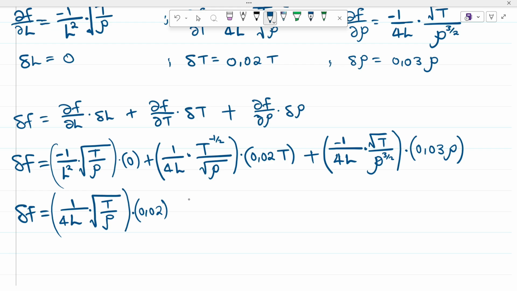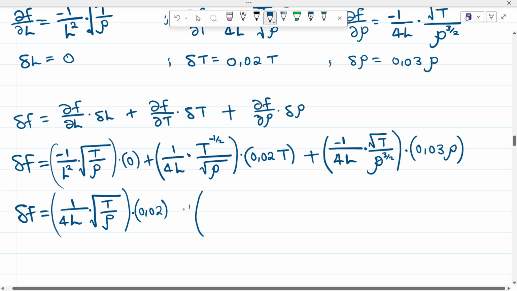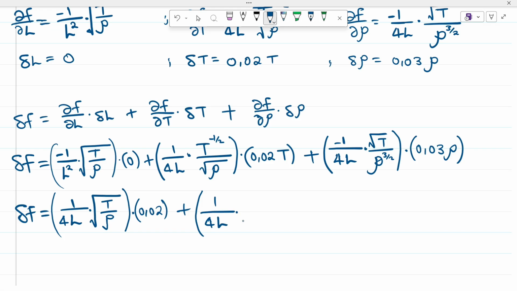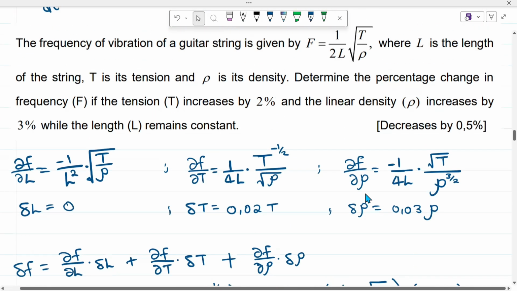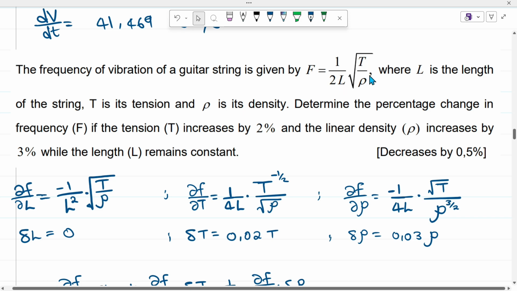So this is going to be, let's just say, plus 1 over 4L multiplied by the root of t divided by density multiplied by 0,03, just like that.